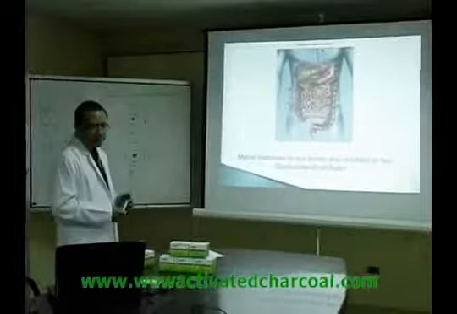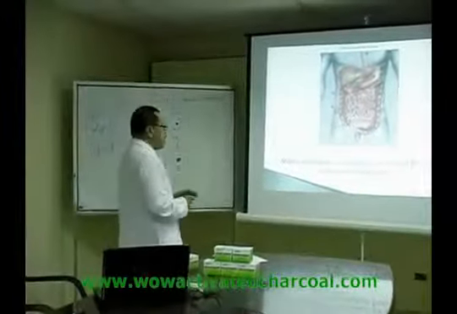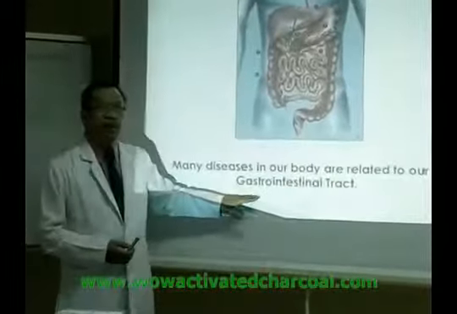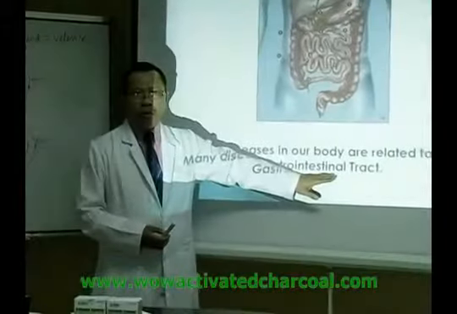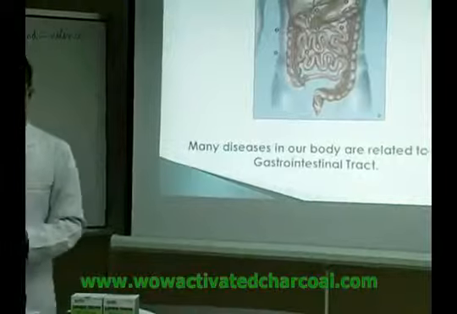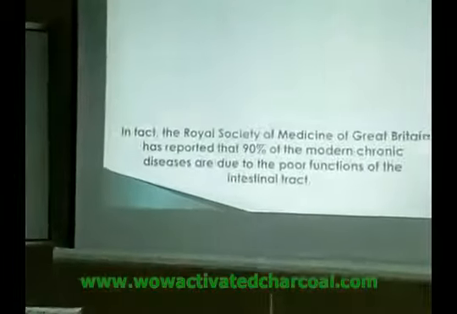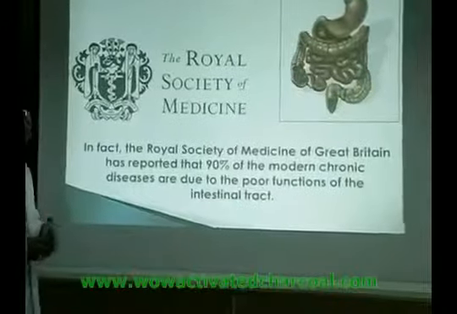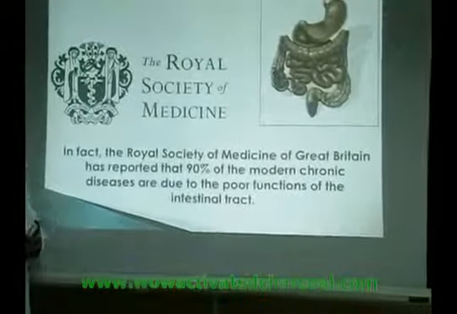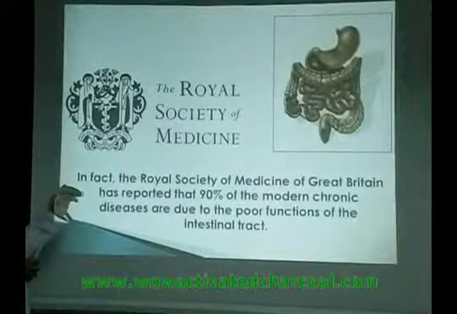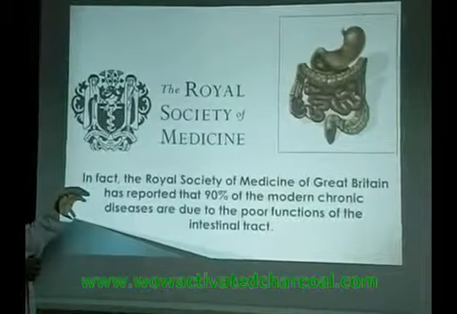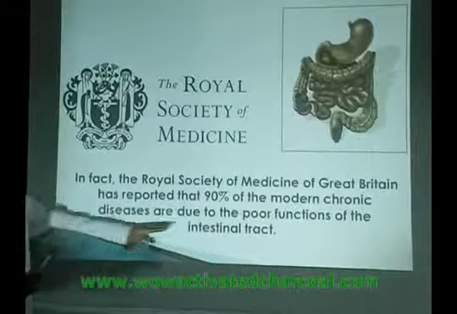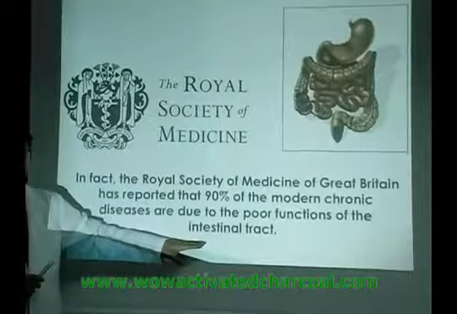According to the study, many diseases in our body are related to our gastrointestinal tract. How is that? It is corroborated by the study released by the Royal Society of Medicine in Great Britain. They said that 90% of modern chronic diseases are due to the poor functions of the intestinal tract.